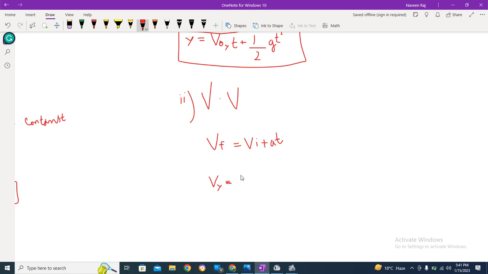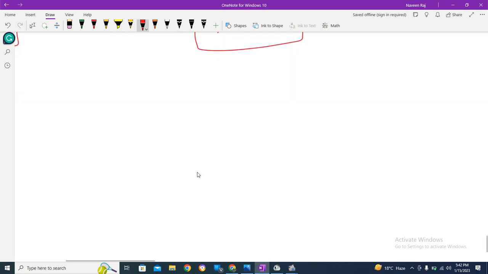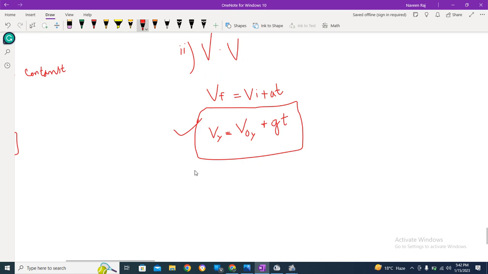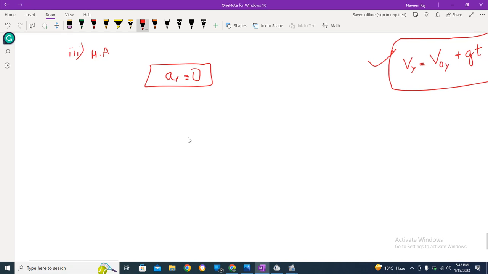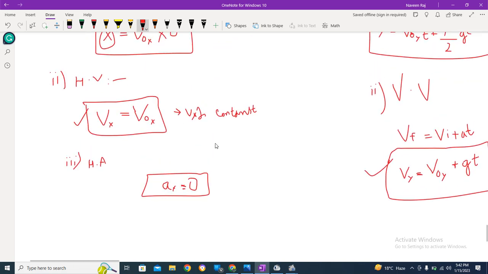Vy is equal to v naught y plus the acceleration acting here, which is g, with a value of 9.8, and that is negative. Now here is the formula of vertical velocity. In x we have this one, and in y we are getting this one.